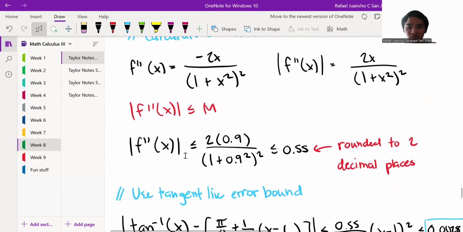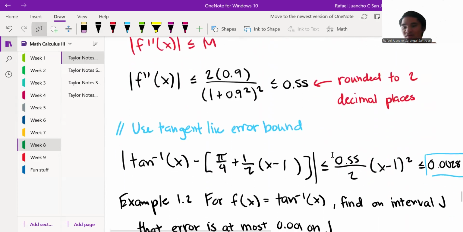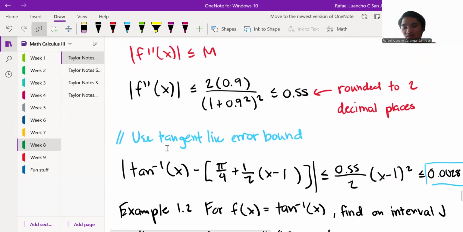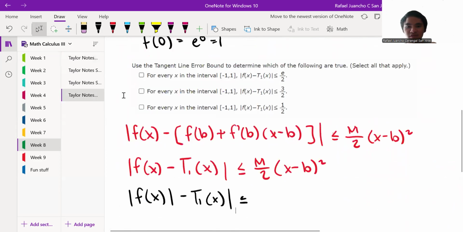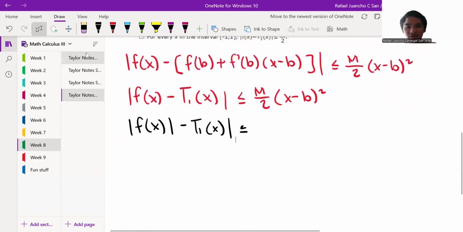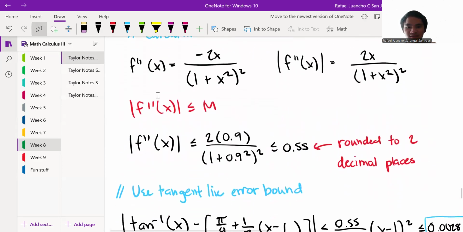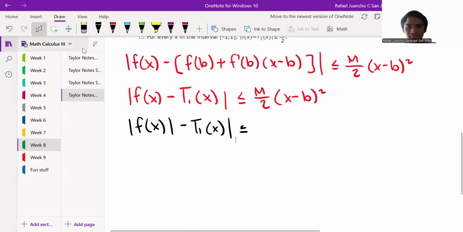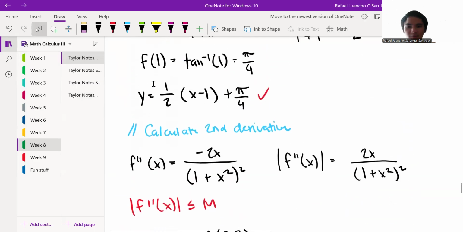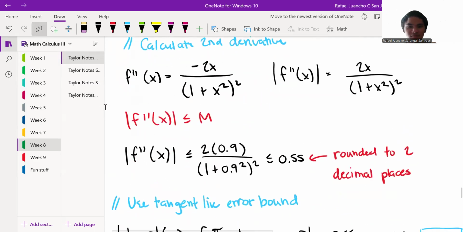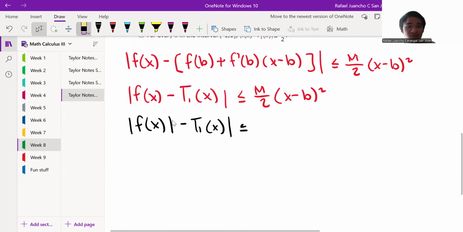And then once we get the second derivative, now we can use this idea. So we want to get the second derivative and get its absolute value, and then we plug in one of them. It doesn't really matter which one, because it should be the same at the end of the day.